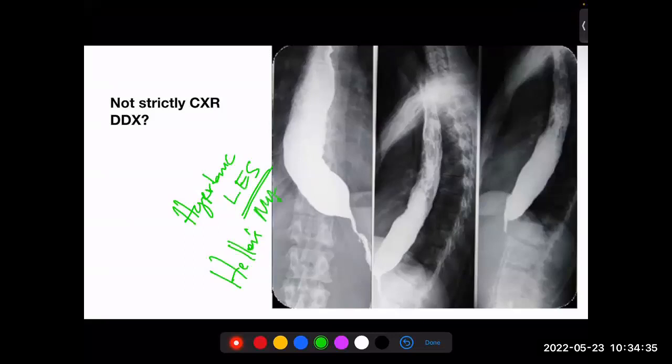Is there a role of calcium channel blockers in achalasia? Calcium channel blockers are given. Botulinum toxin is given. Heller's myotomy is done. There are even people who talk about balloon dilatations, but those usually don't work.